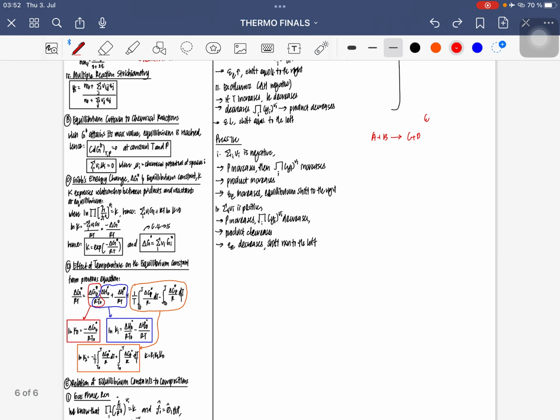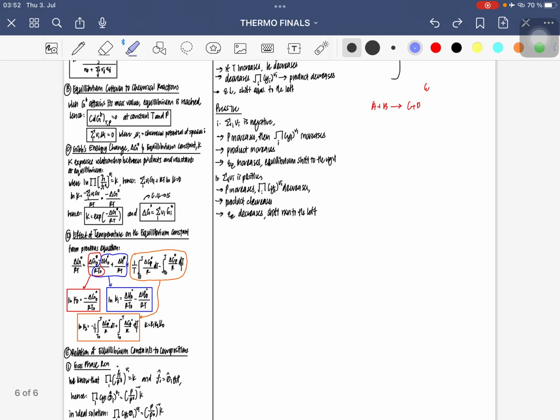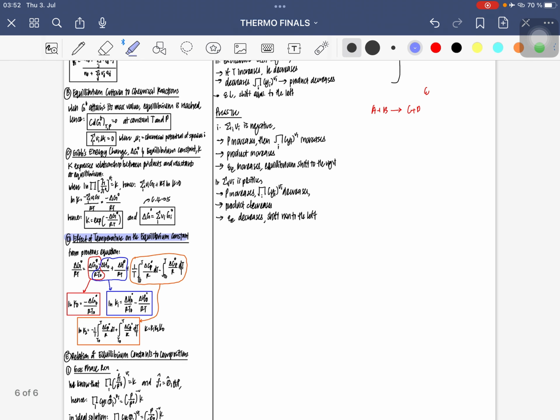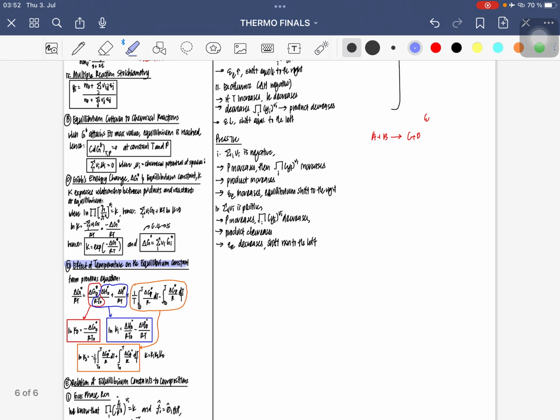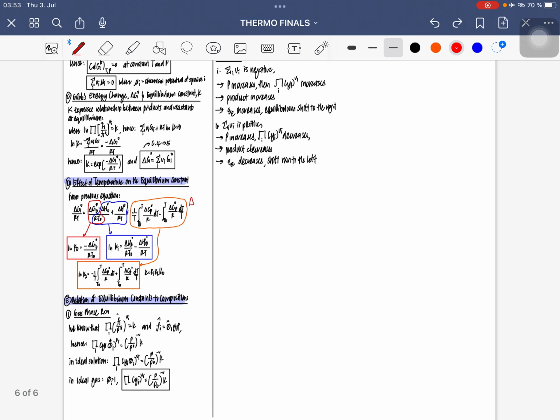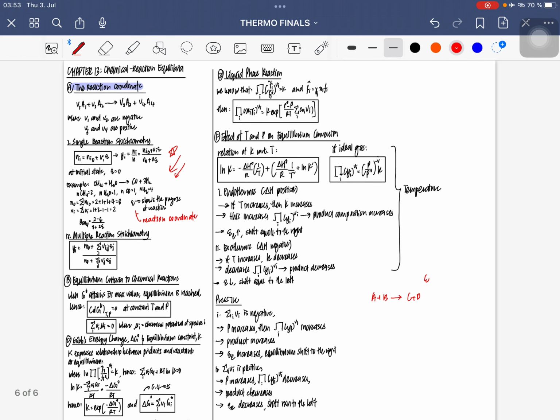And then you have the effect of temperature on the equilibrium constant. I think it's much easier if I go through questions for chapters 11 up to 13. If I'm just going to yap, you won't understand anything. So these are what's important, honestly. This one and this one.